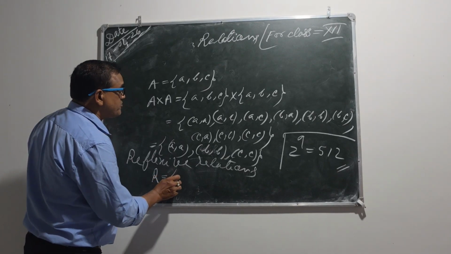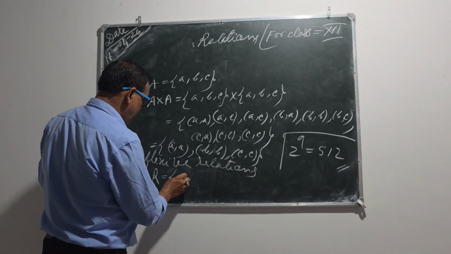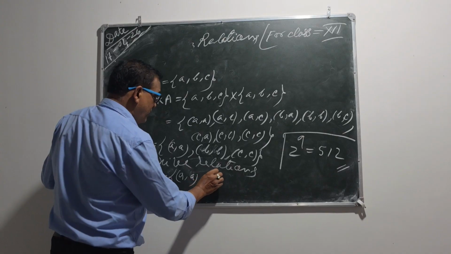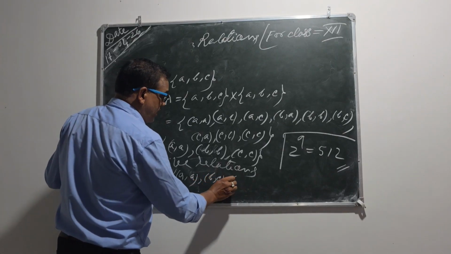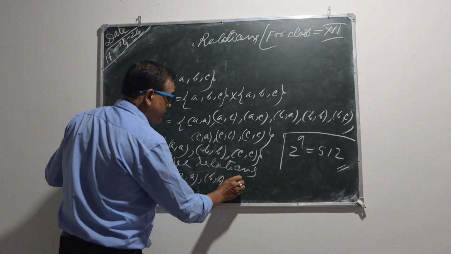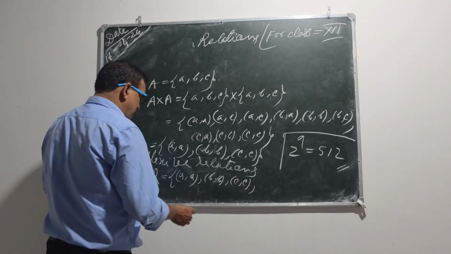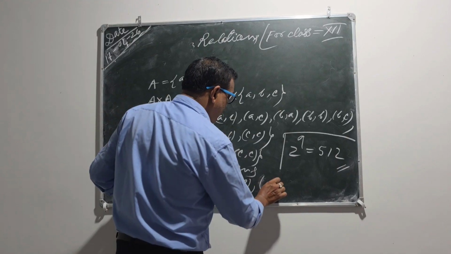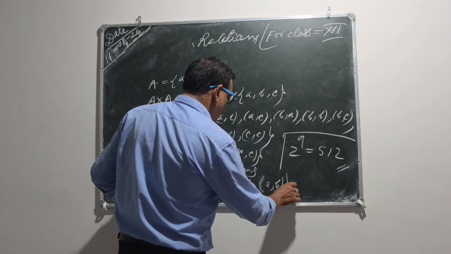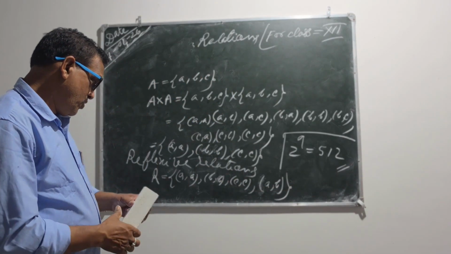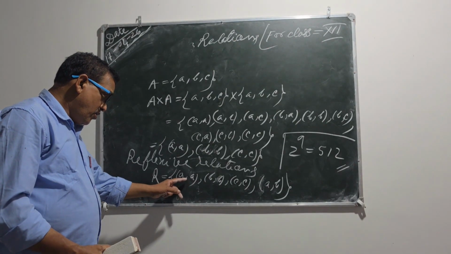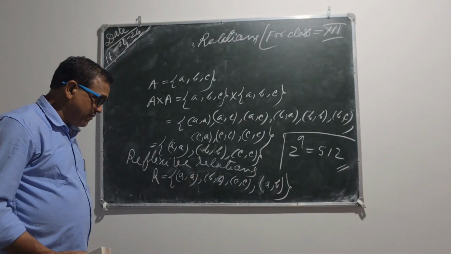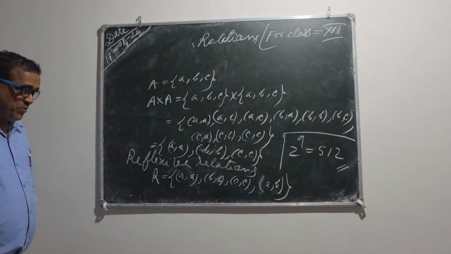It should be like this: (a, a), (b, b), (c, c). Besides that, there can exist any other ordered pair also, say (a, b), or one or more than one can exist. So besides the like pattern, there may be other ordered pairs also, then it will be a reflexive relation.